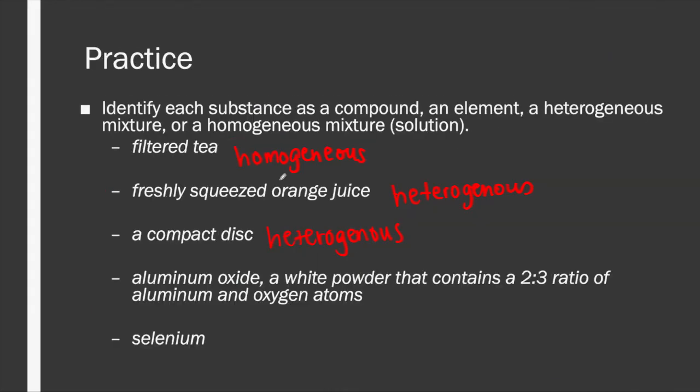Pure substance, it has compounds. So, you can go ahead and say this is a pure compound. All right, next one. Obviously, periodic table, it's an element. Right? So, that's all for today.